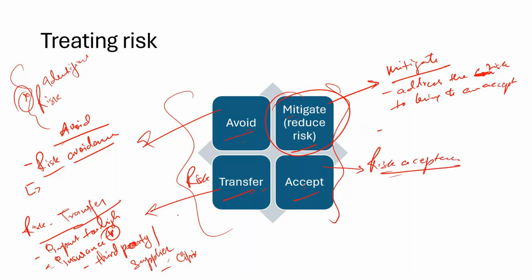Sorry, on the risk transfer, we do have insurance, so that is also one way to transfer your risk. Say that if you are outsourcing an entire SOC capability to a third party vendor, any risk arising from the threat identification and those sort of things would be transferred to your third party.